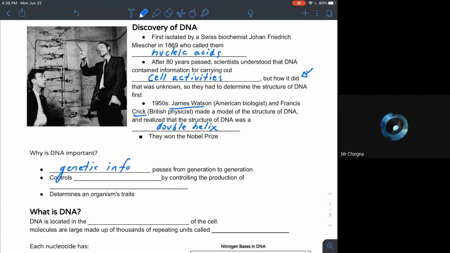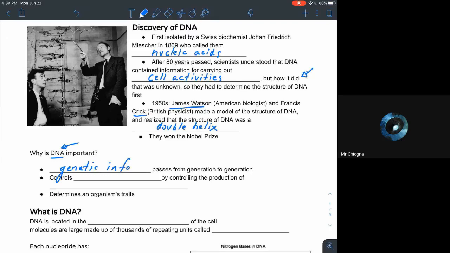That is what DNA allows to happen. It's acting like a blueprint and contains the very genes which contain the information that's passed on from generation to generation.